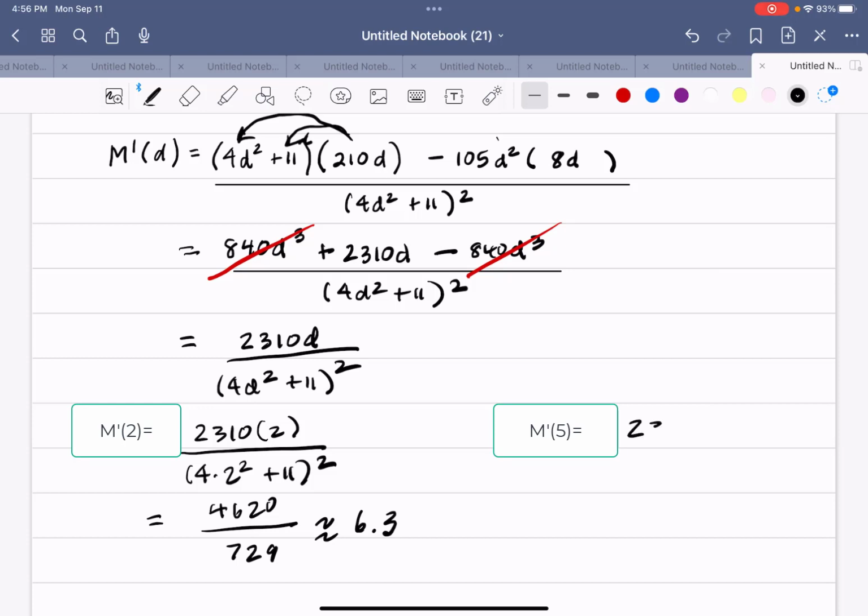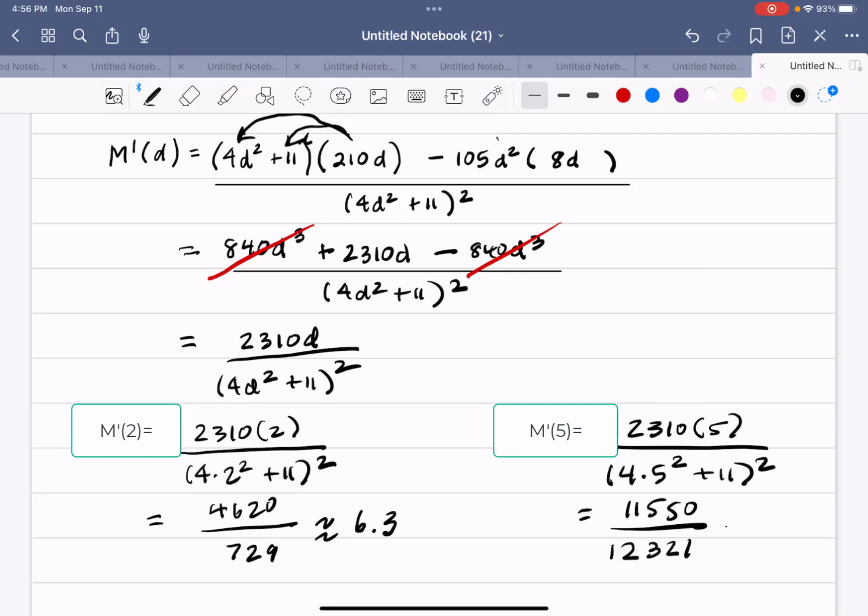M prime of 5 is 2310 times 5 over 4 times 5 squared plus 11 squared. So 2310 times 5 is 11,550 over 111, because that's 4 times 25 is 111 squared, is 12,321.